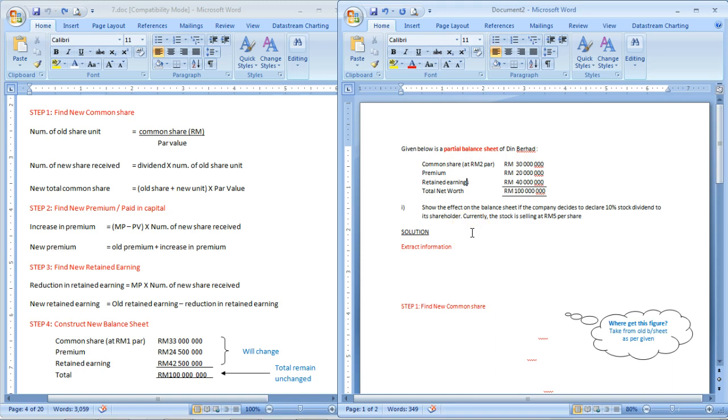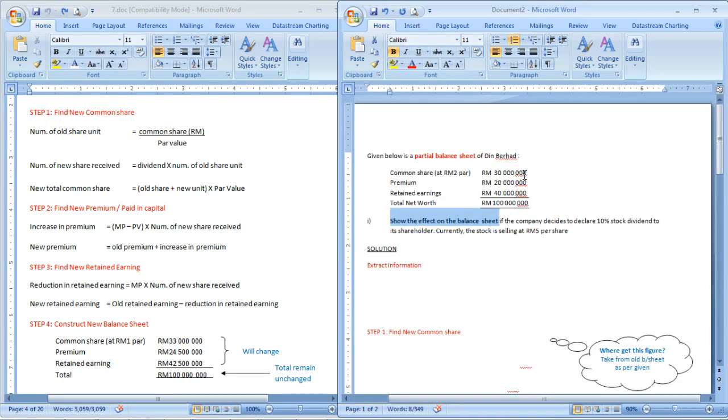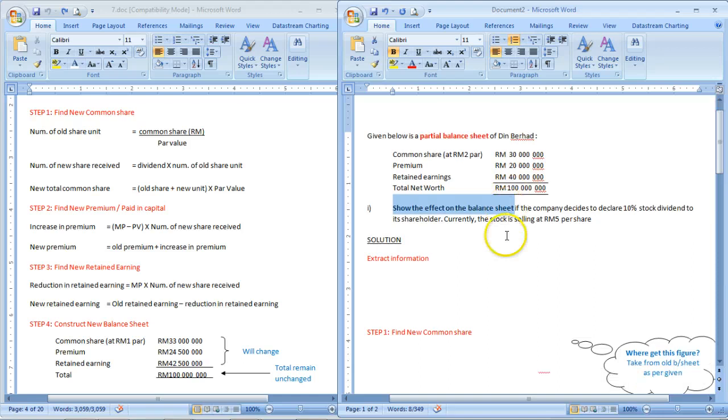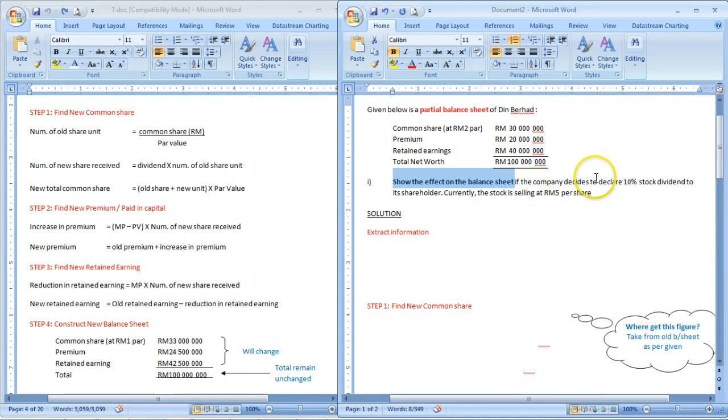First of all, you need to extract all the information. Can you show the effect on the balance sheet? When the company decides to declare a 10% stock dividend to shareholders, and the stock is selling at RM5, as mentioned in the previous topic, that is the market price.